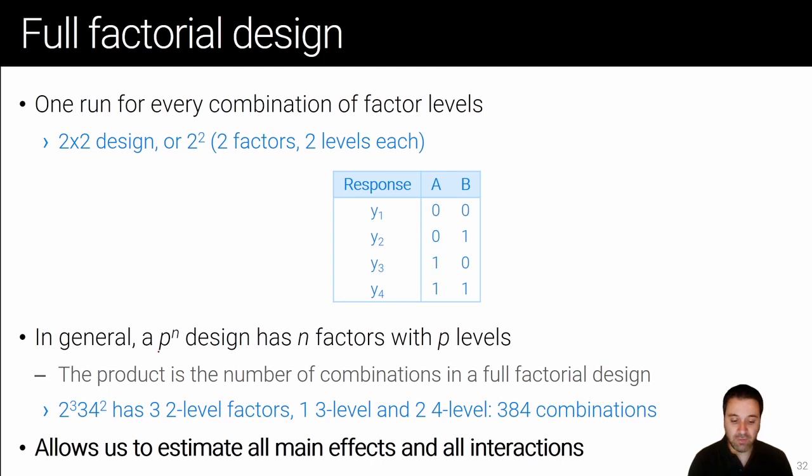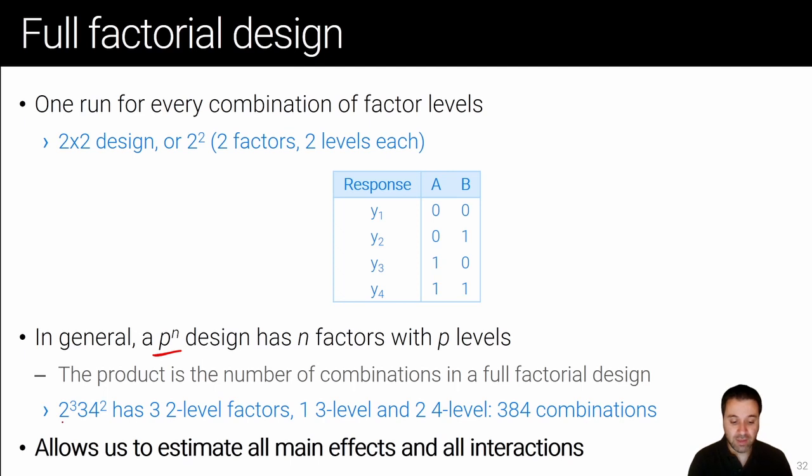Now, in general, if we denote a design in this way, p to the power of n, what we mean is that there are n factors with p levels. Why do we use this notation? Well, because if we actually compute this number, p to the power of n, that tells you the size of the design, the amount of runs we have, how many combinations of the factors there are. And of course, we could just combine multiple factors of different levels.